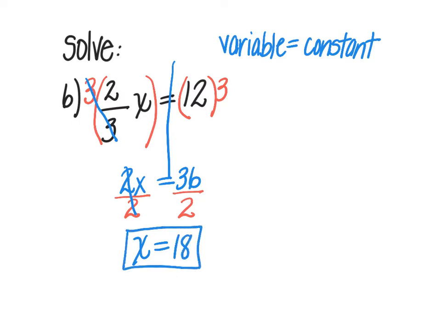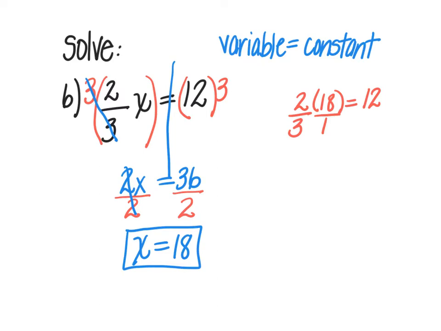Now I'm going to go ahead and just check this one so you can see how you would check something with a fraction. So I'm going to replace the x in the original equation with 18. So 2/3 times 18 is equal to 12. Now remember, if I put a 1 underneath that 18, then I can just multiply top times top and bottom times bottom.